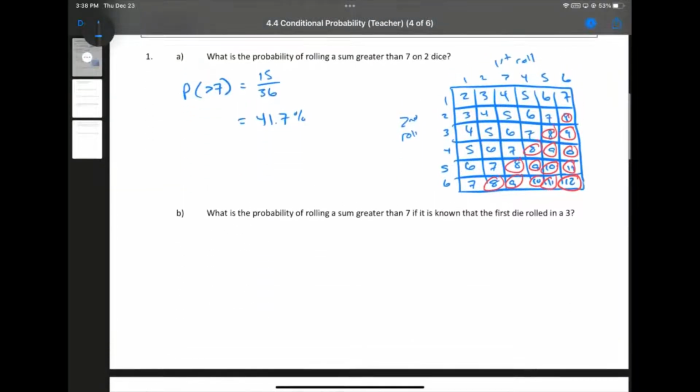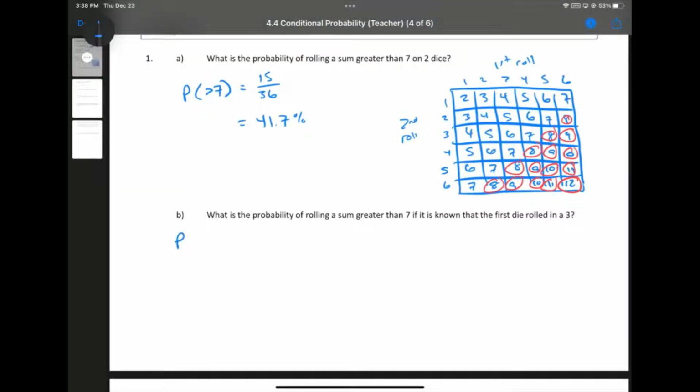So the probability of, again, we want a number greater than 7 if we know the first die roll is a 3. So probability greater than 7, given that first is a 3. Not exactly the prettiest notation ever, but it gets you the idea.